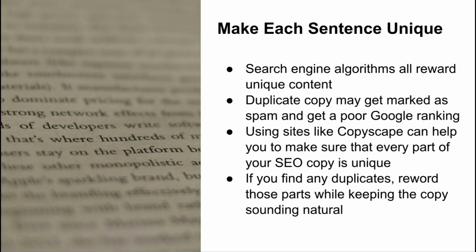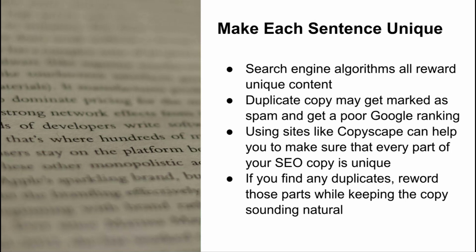When you're also writing for search engine algorithms, think about each sentence that you put together. You want to make sure that they are unique, that you're not duplicating copy, because it might lead to a poor Google ranking. If you're not sure about your writing, you can use sites like Copyscape. You can Google it and it'll pop up.